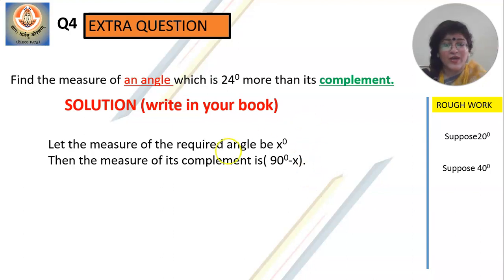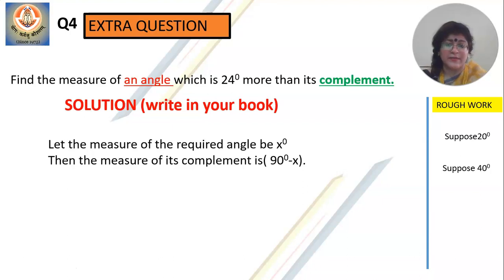Why? You try to add them up, because when you add them up, the total should be 90, because in complementary angles, the sum of the angles is 90 degrees. So add x plus 90 minus x. Minus x and x cancel, so you know that this is correct. It is 90 minus x.